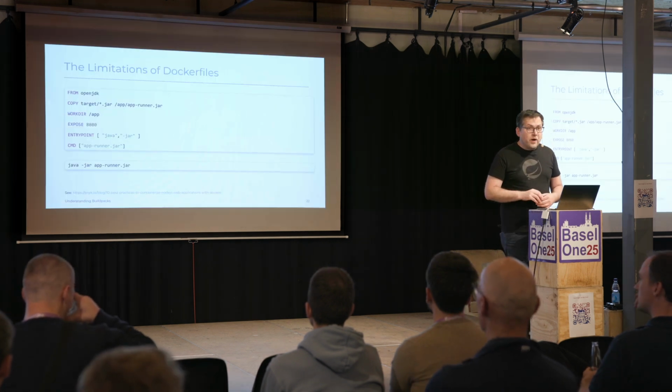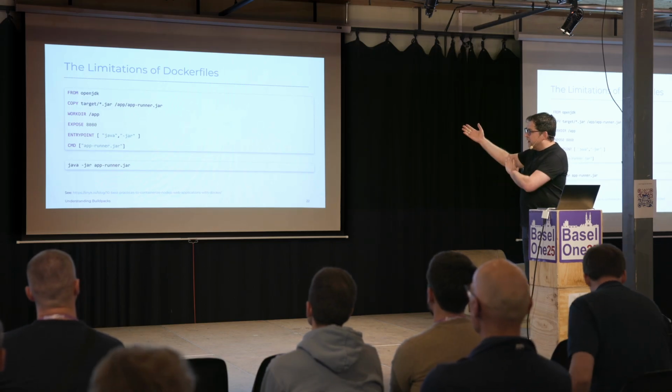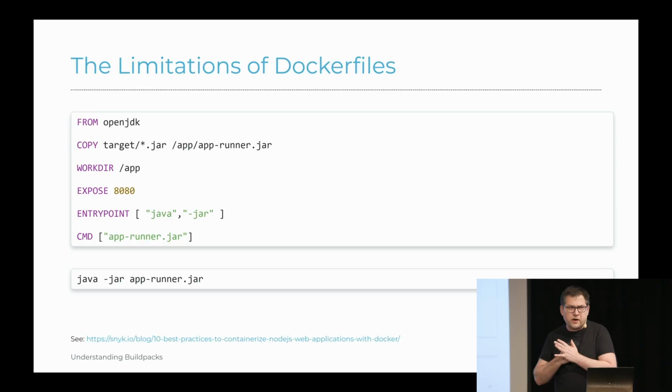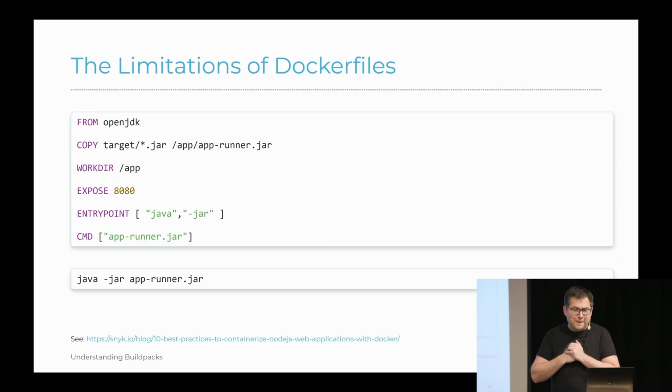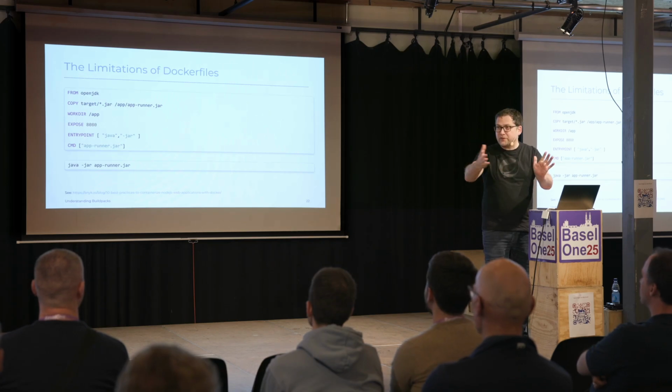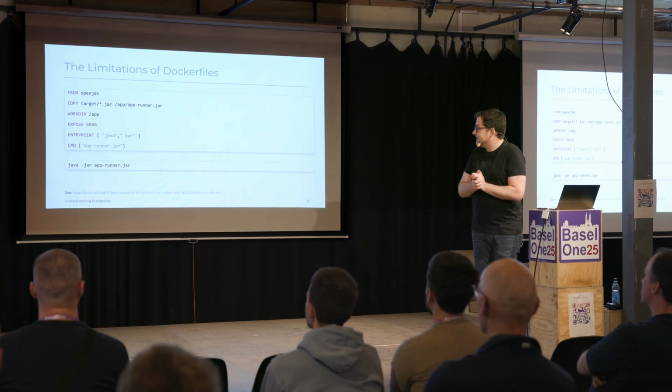So, why should you use Buildpacks over Dockerfiles? Who can tell me, if you look at this example, what's wrong with this Dockerfile? What's wrong about it? You're all specialists. Most of you are using Dockerfiles, right? What's wrong about it?